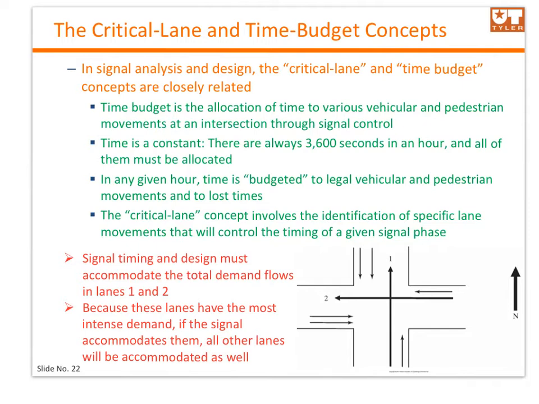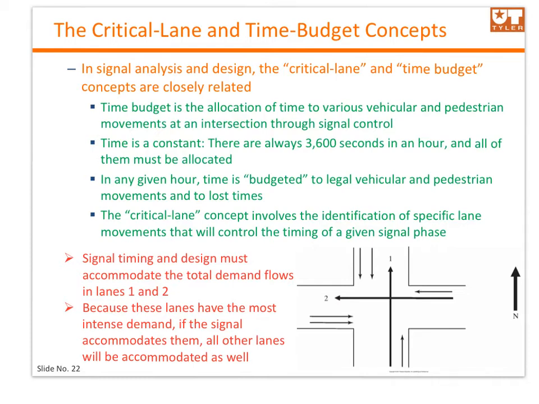Now, the critical lane concept involves the identification of specific lane movement that will control the timing of a given signal phase. So for example, in this case, we have lane 1, which is going to be the governing or the critical lane for the north and south bound, and lane 2, which is going to be the critical lane for the east-west bound.